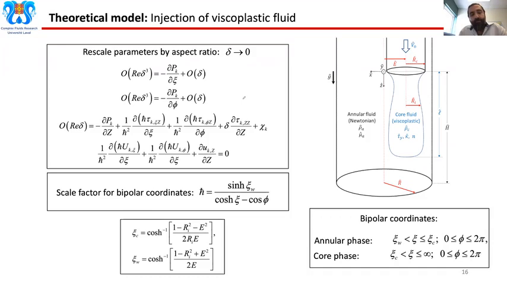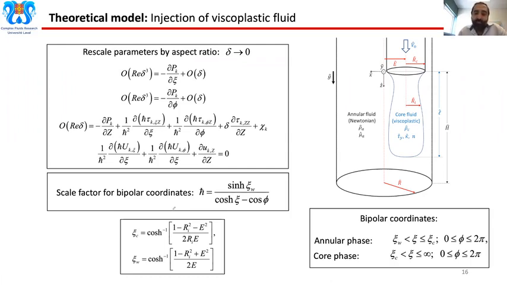we can write down the momentum equations and the continuity equation in this form for both fluids. So K is representing the heavy and light fluid, both of the fluids. And H bar is basically the scale factor for the bipolar coordinate.